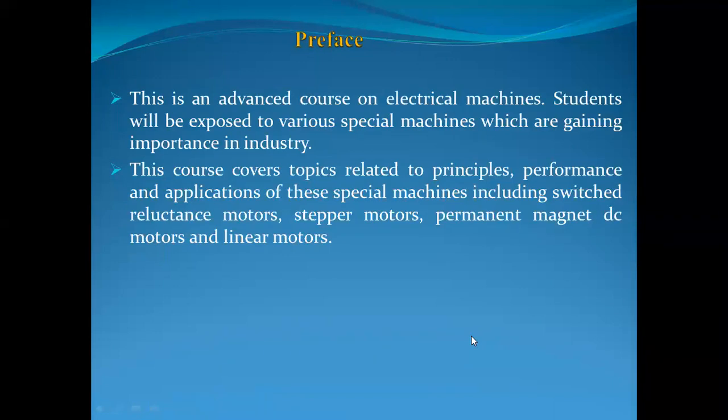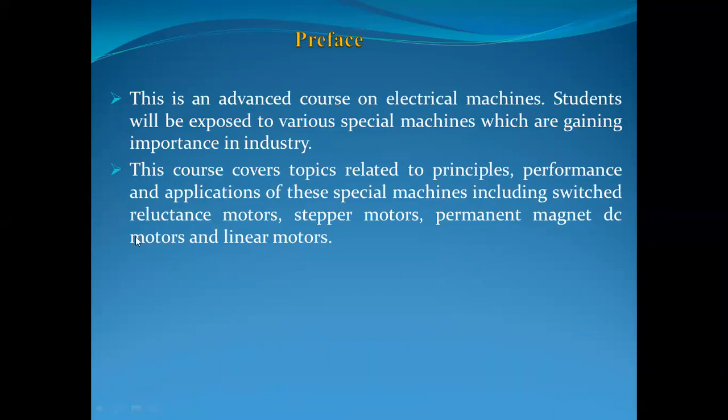And next, if you go to an industry, various special purpose motors or machines are in place. That is the importance of this subject, and this course covers topics related to the principles, performance and applications of these special machines, including switched reluctance motors, stepper motors, permanent magnet DC motors and linear motors.